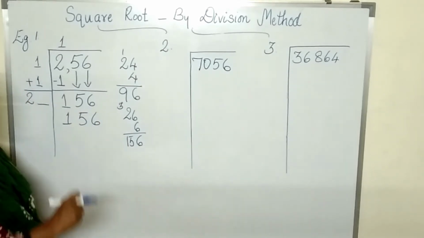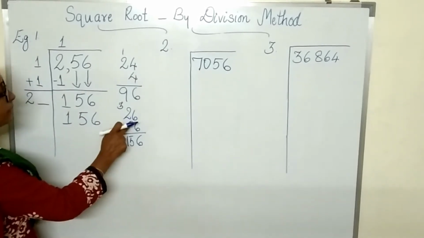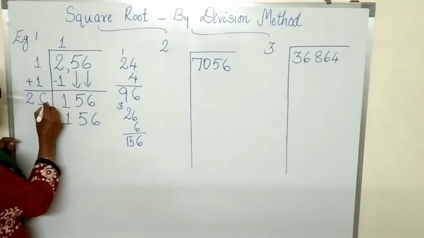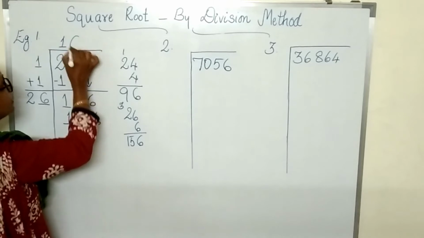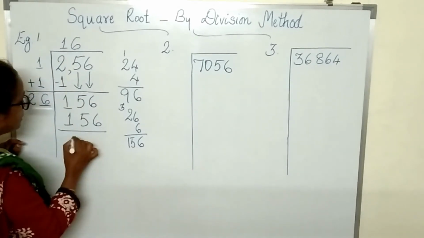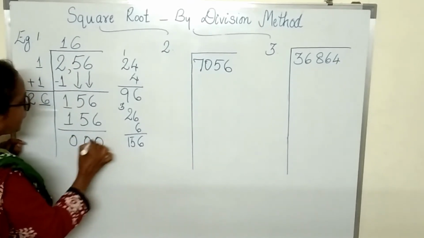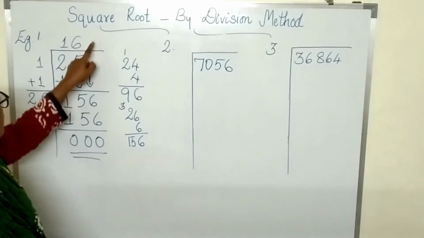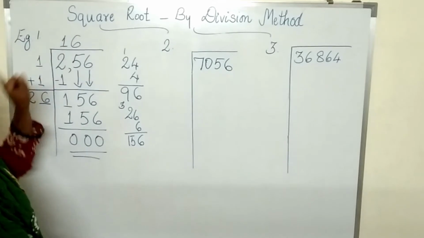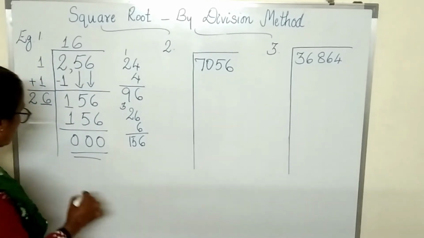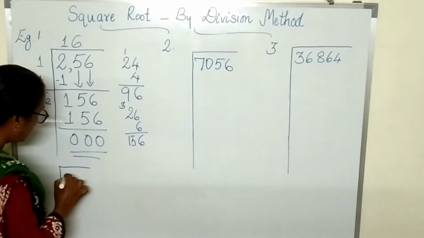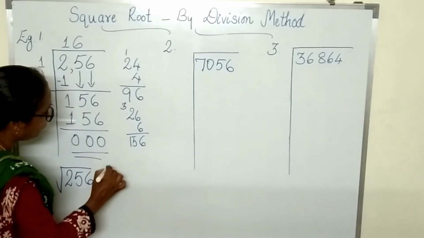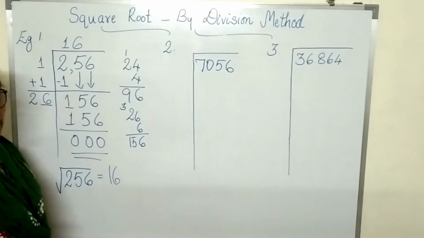How did you get 156? By multiplying 26 by 6. So here which number will come? 6, and here also 6. Now if you get 0 as the remainder, whatever number you got here will be the square root. So the square root of 256 is equal to 16.